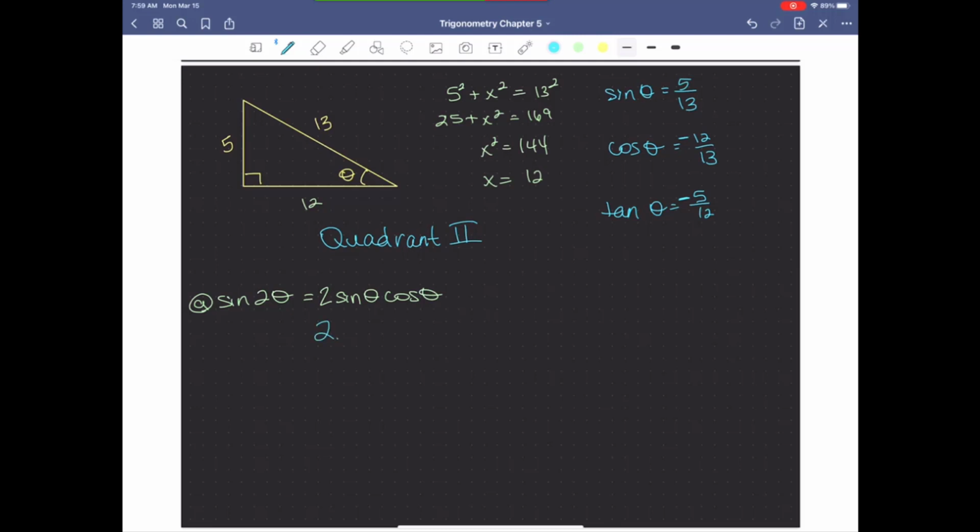Okay. Times sine theta. What's sine theta? 5/13. Yep, times 5/13. Times cosine of theta? -12/13.